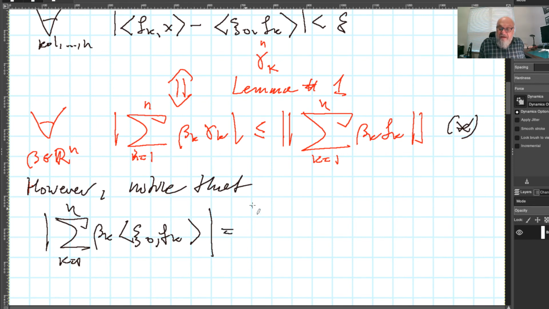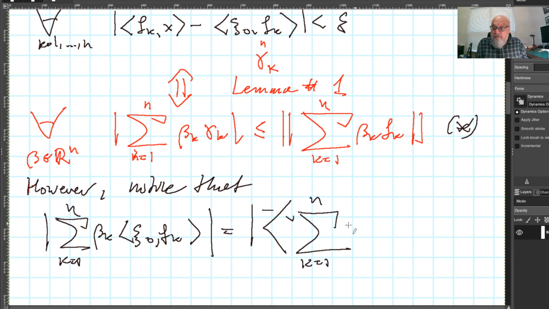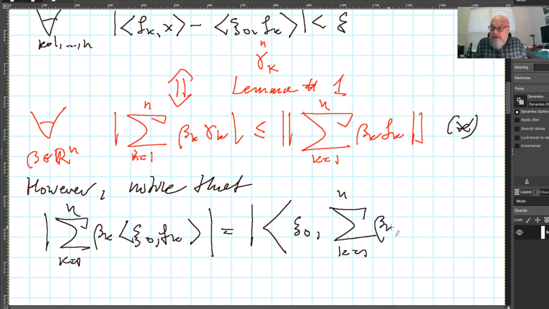So this is the same as psi naught applied to the sum for k equal 1 to n of beta k Fk.